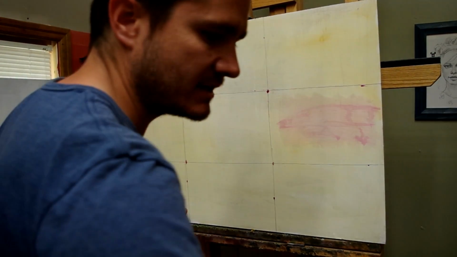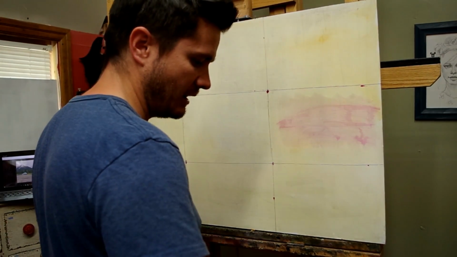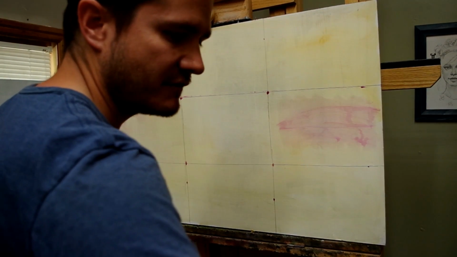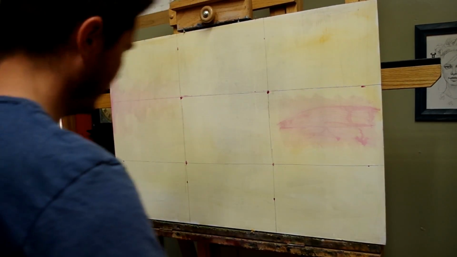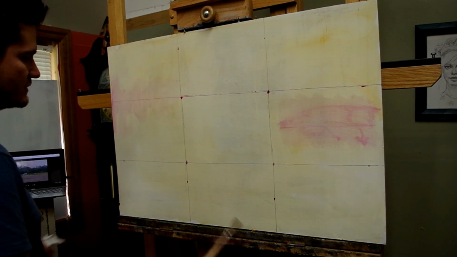And so a lot of times I'll pick a composition and then I will get a bunch of thinner with a little bit of color on it, and I'll play around with what that's going to look like.